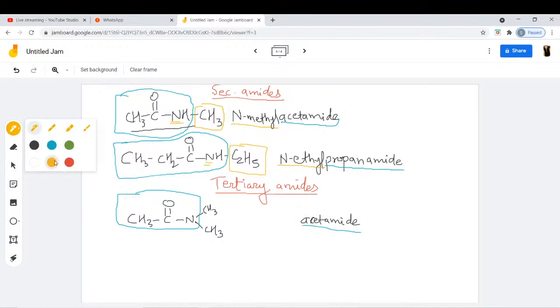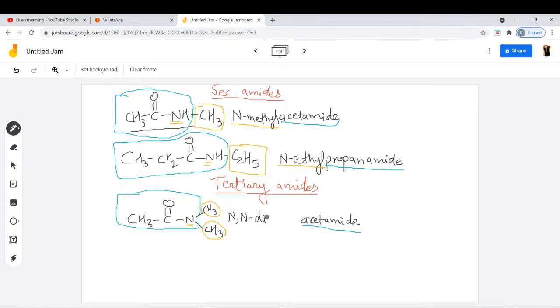But listen, here 2 methyl groups are attached to this nitrogen. So that's why we call it N. First N for first methyl, second N for second methyl. How many methyl?